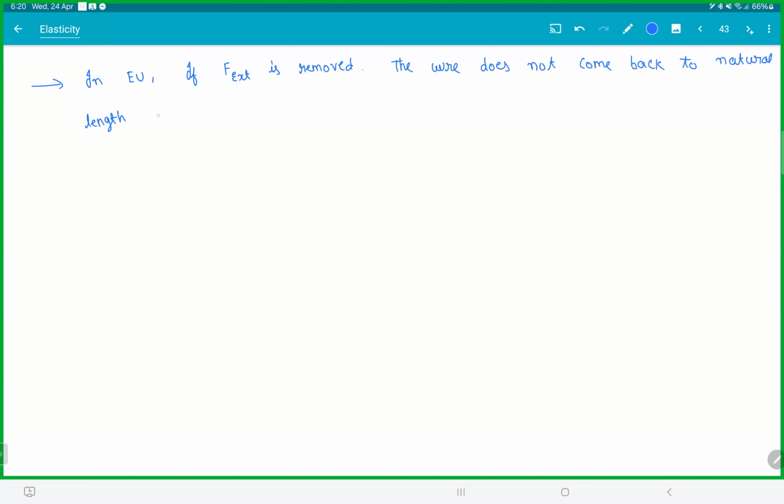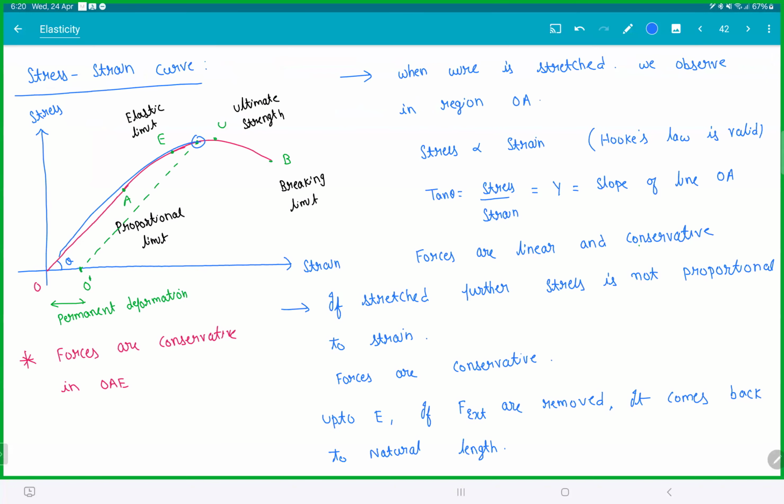It is permanently deformed. So that is what we wrote as OO dash. When you remove the force here, instead of coming back along the red line, it will come back in some other direction. But eventually you will be at O dash. So there's a permanent deformation.